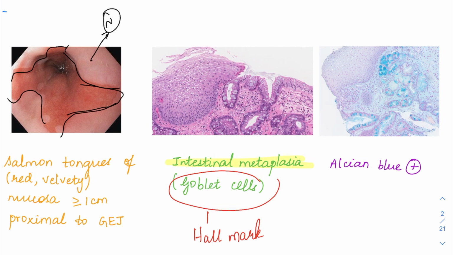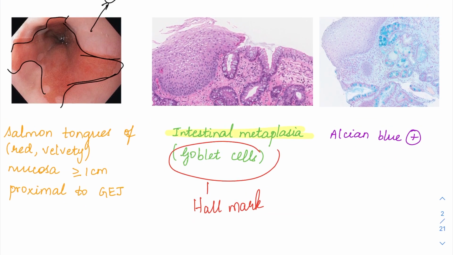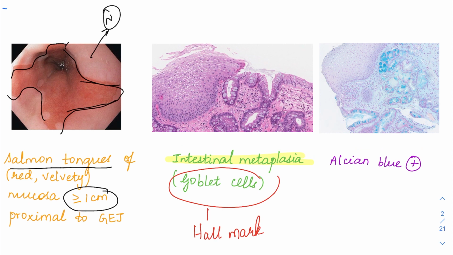These tongue-like projections extending from the gastroesophageal junction towards the esophagus are the Barrett's esophagus. To call it Barrett's esophagus, you have to see these salmon colored tongues which appear red and velvety proximal to the gastroesophageal junction for at least 1 centimeter or more. This is how Barrett's esophagus is diagnosed endoscopically.